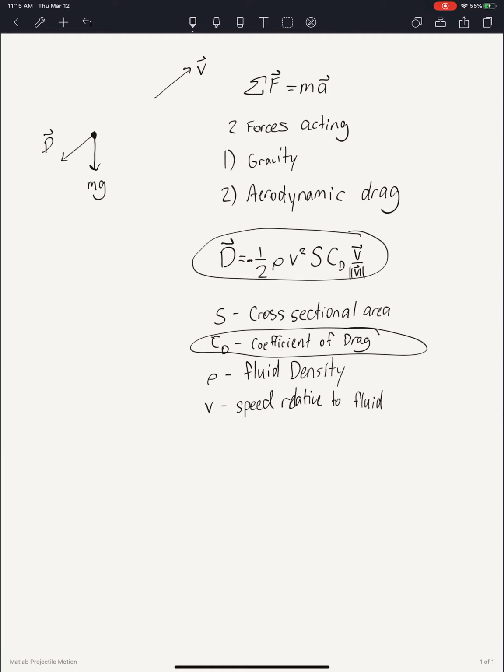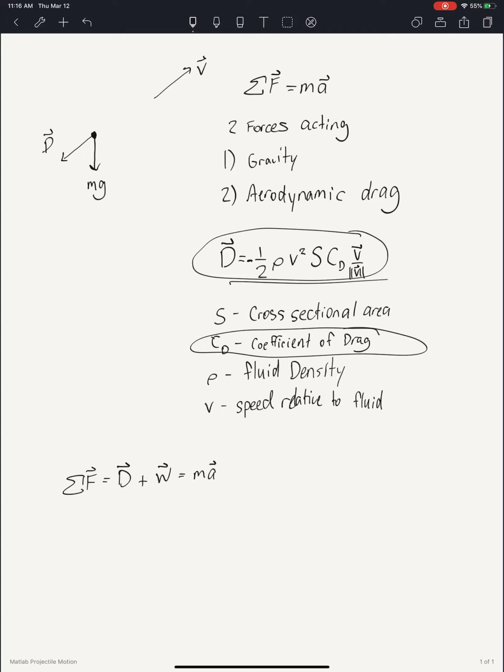Newton's second law says the sum of the forces, which is equal to the drag force plus the weight force, is equal to mass times the acceleration vector. If I think about the components of this, let's write it out as written, but when we see a vector, we'll write it in terms of its components.